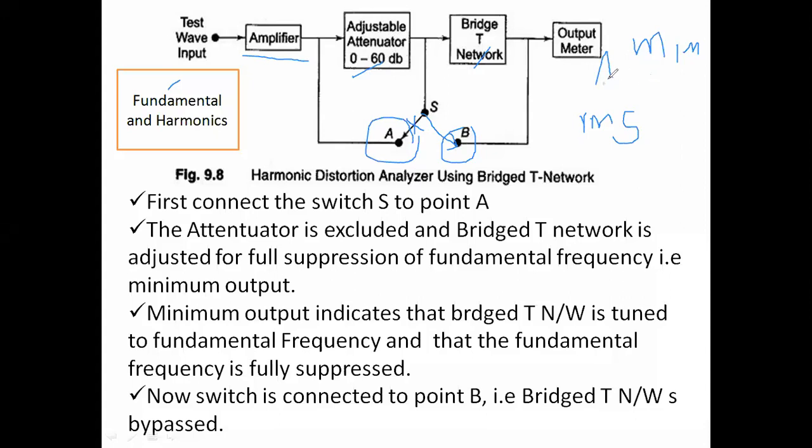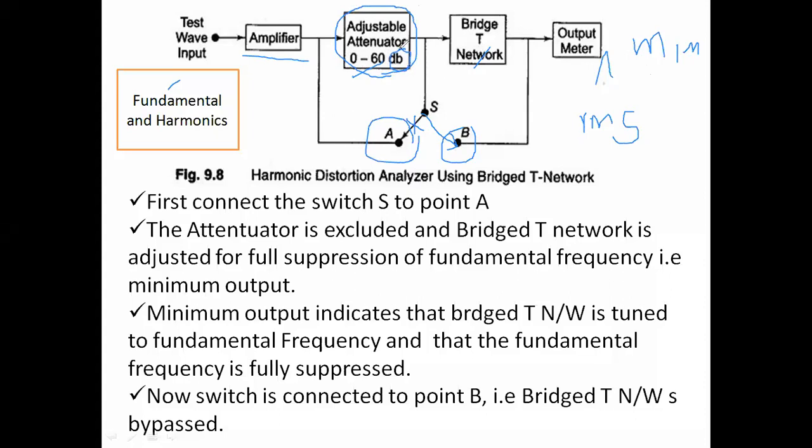So how much variation we make with the attenuation, that value will give the total harmonic distortion value in terms of decibels.